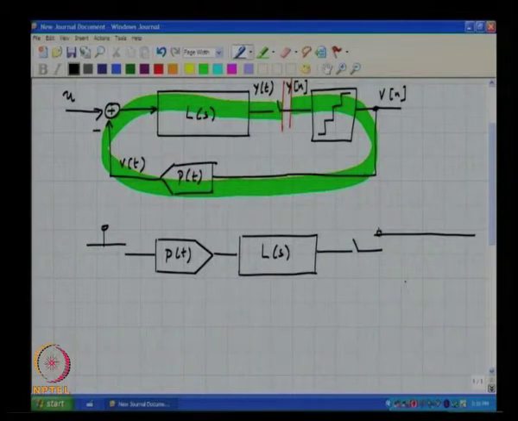The first sample by definition must give you 0. Is that clear to everybody? Because if it does not give you 0, then there will be a delay free loop, which is not acceptable.